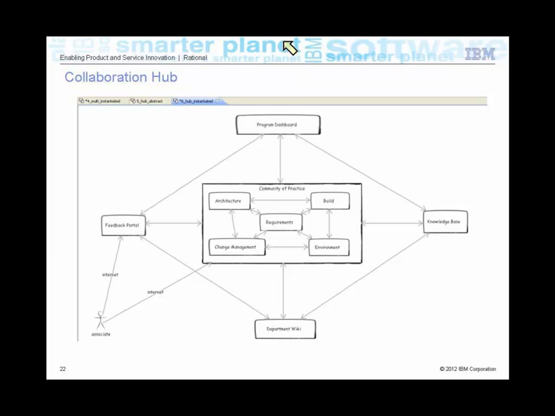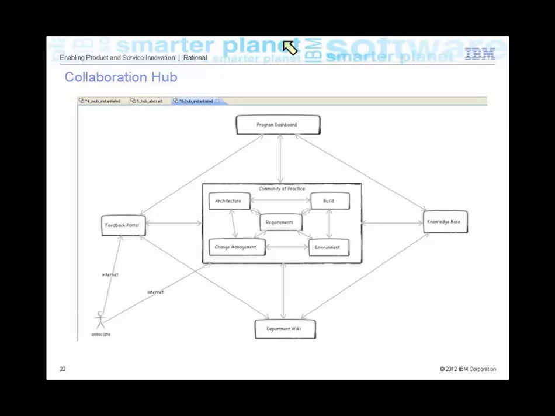From that feedback portal, you could go to a community of practice and traverse through the architecture community, through the requirements community, back to the change community, and then from there, find a program dashboard. That's a real thing that happens at WellPoint and I'm sure at IBM and other companies. The ways that you traverse the internet and interact are all connected in some way, and it's really important to understand that connection and see what it's related to.